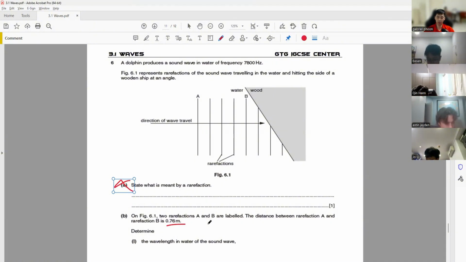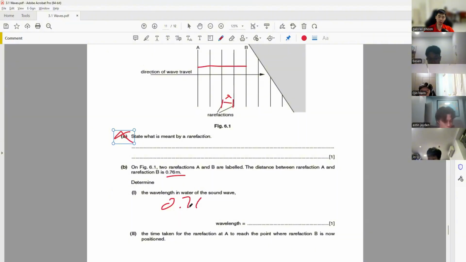The 0.76 is the lambda. No. 0.76 is this whole thing here. Oh, rarefaction, rare fraction. This is one wavelength, divide by 4. Good. You just take 0.76 divided by 4, and you'll get your answer, which is 0.19 meters.